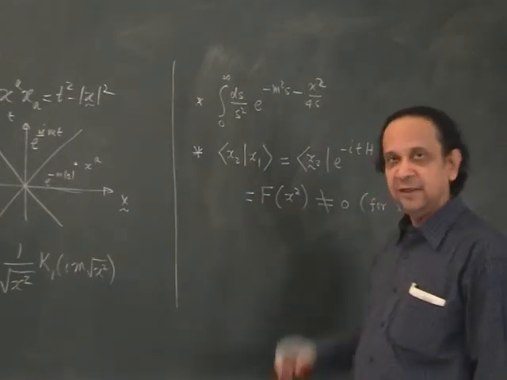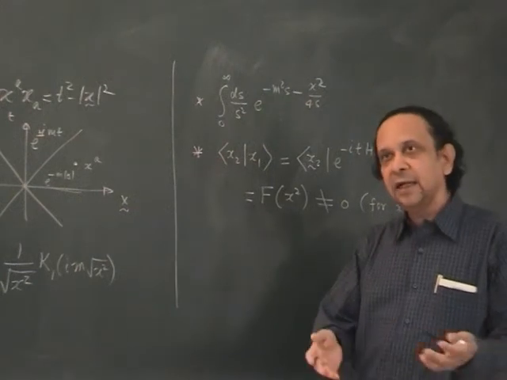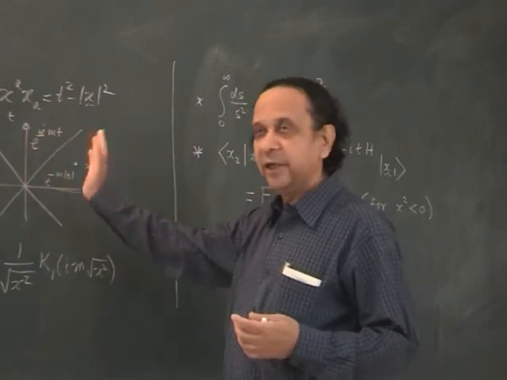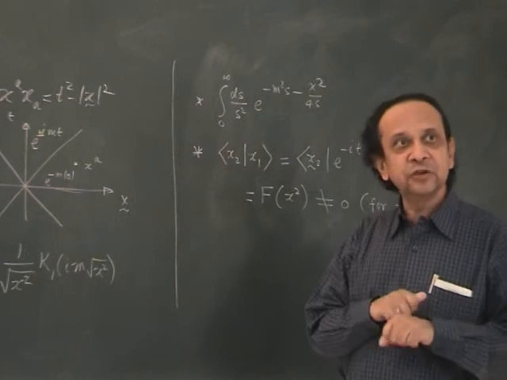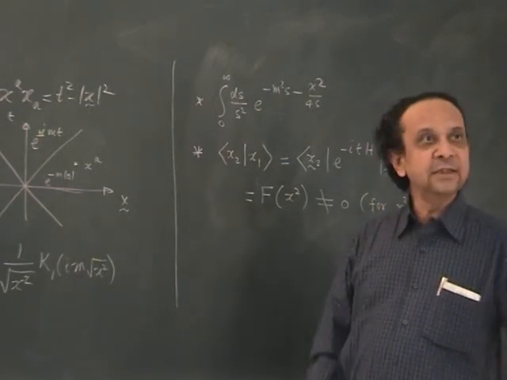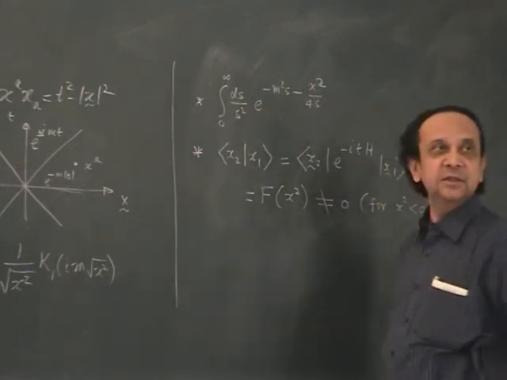Suppose this f of x squared does not vanish outside. And it will turn out that in most cases it will not. Anything you can think of will have a propagation amplitude outside. Then I can always choose my coordinate system in such a way that this corresponds to t equal to 0. Therefore, I can put t equal to 0 here.